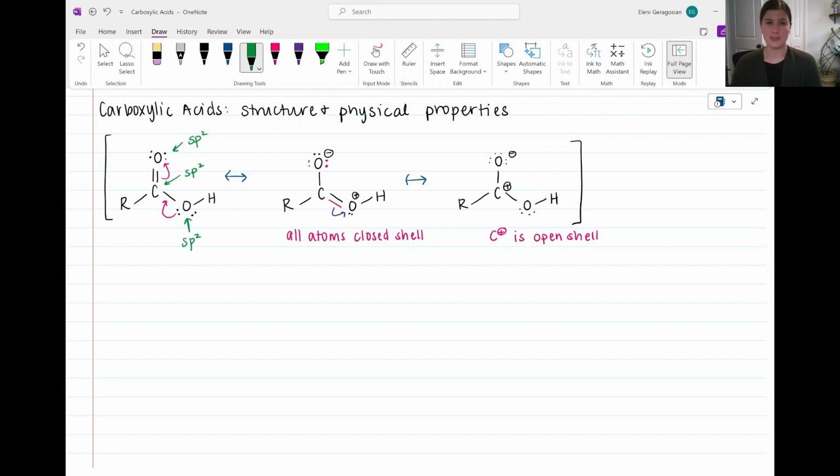So we've talked about resonance, we've talked about hybridization. One important feature of carboxylic acids is also that this carbonyl carbon is less electrophilic than the carbonyl carbon in aldehydes and ketones. And that is because of this oxygen, the OH group oxygen, that can donate electrons.